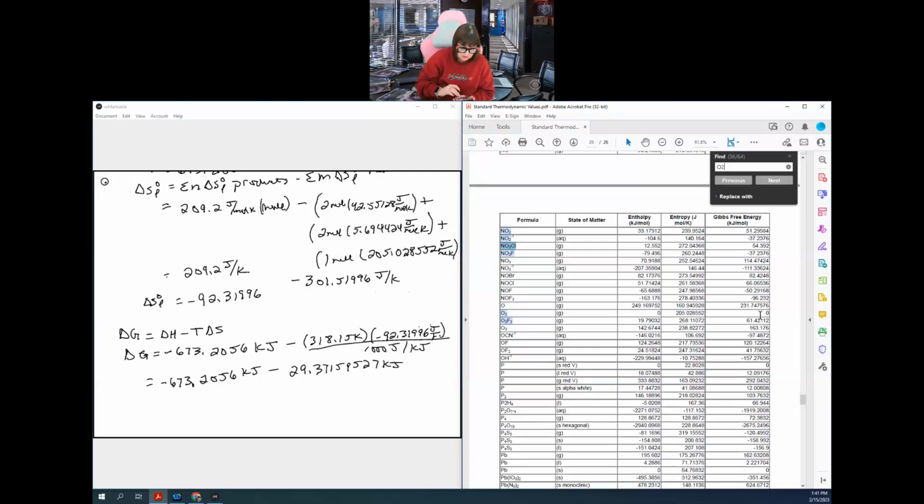Negative 673.2056 minus that answer. And we end up adding that. So minus, and then this value is negative. So that ends up being adding that.